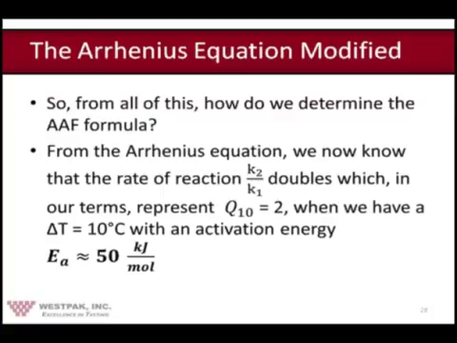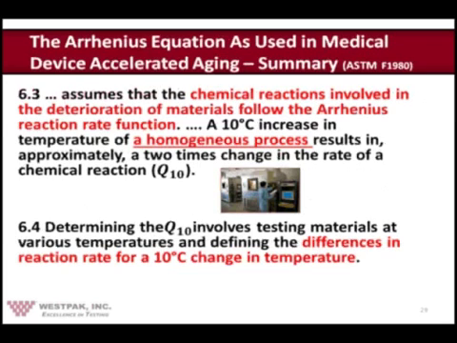Herb? Thanks, Jorge. Now we know from Jorge's equations that the accelerated aging formula given in ASTM F1980 is in fact derived from the Arrhenius rate equation. So we can turn our attention to the standard exercise about the use of the formula.